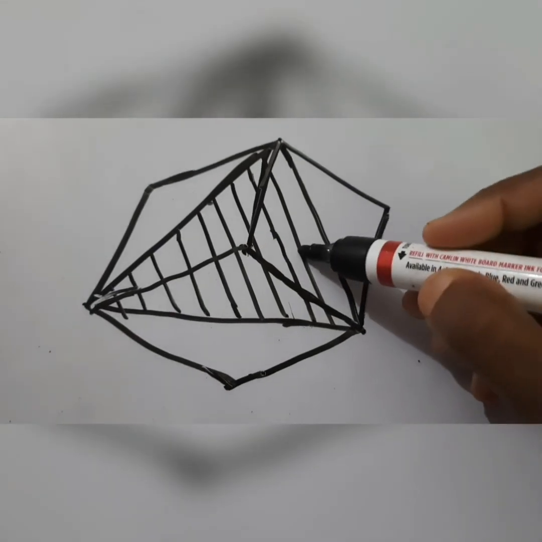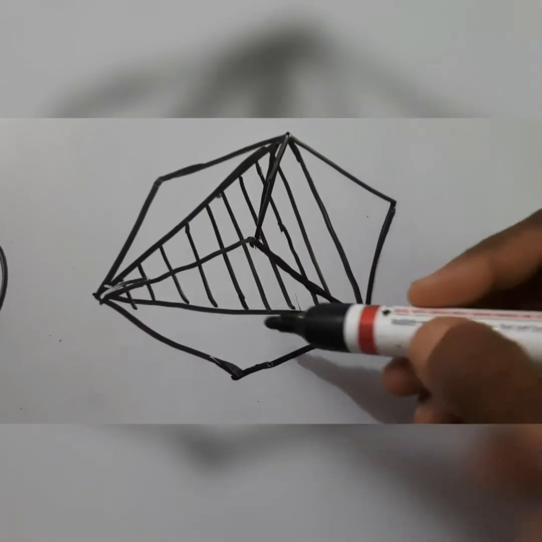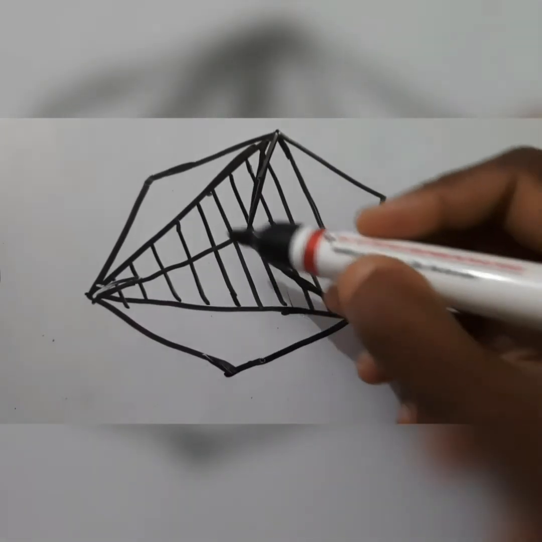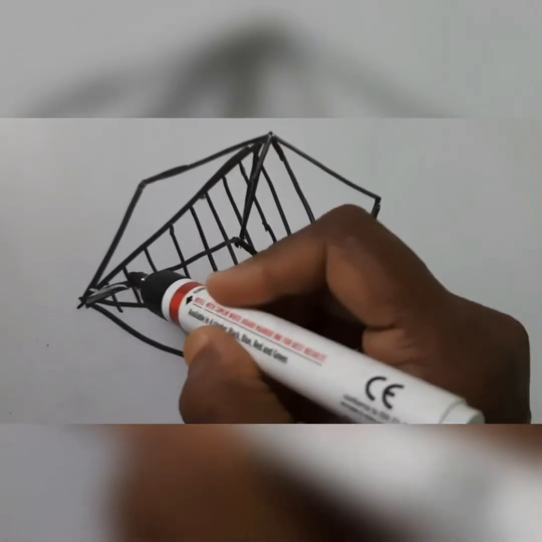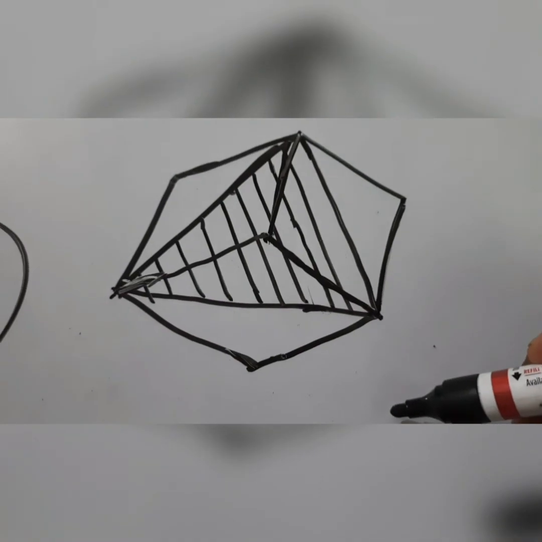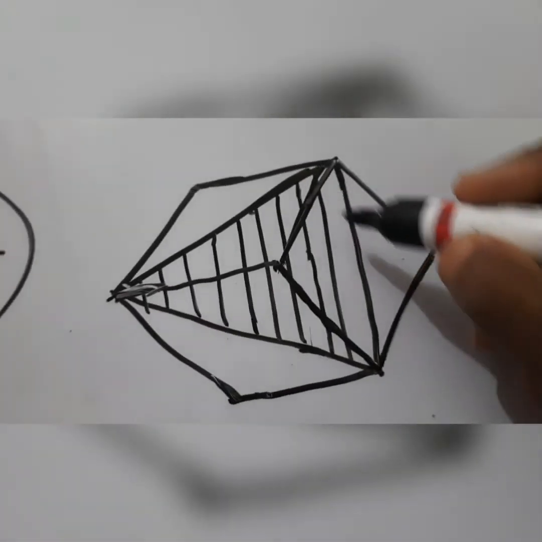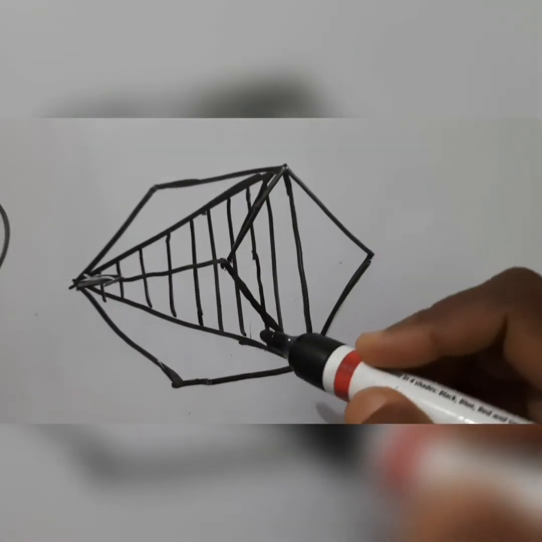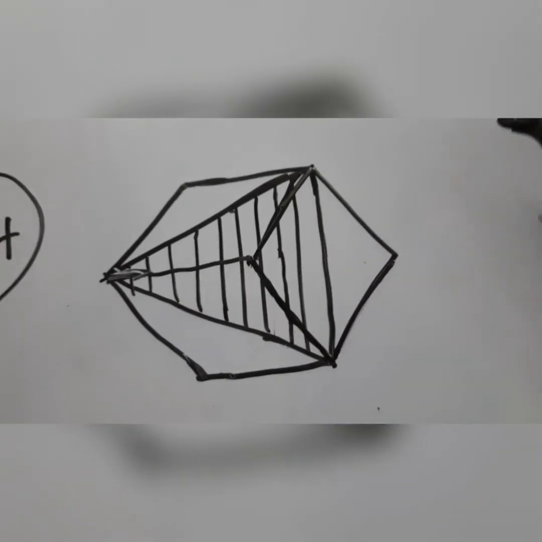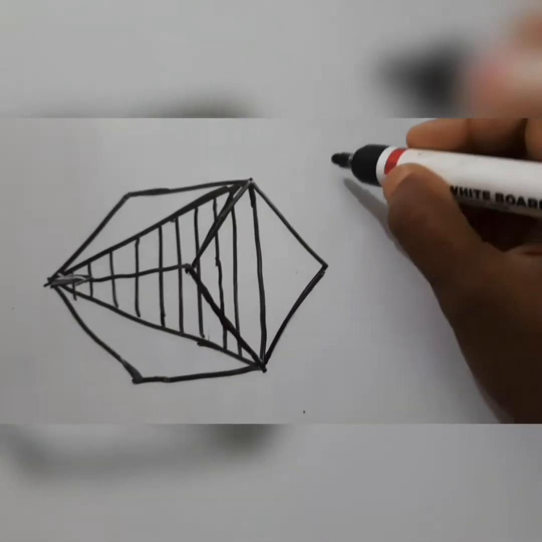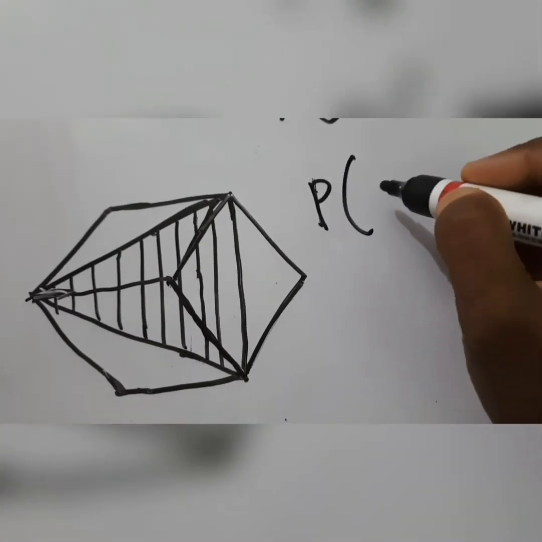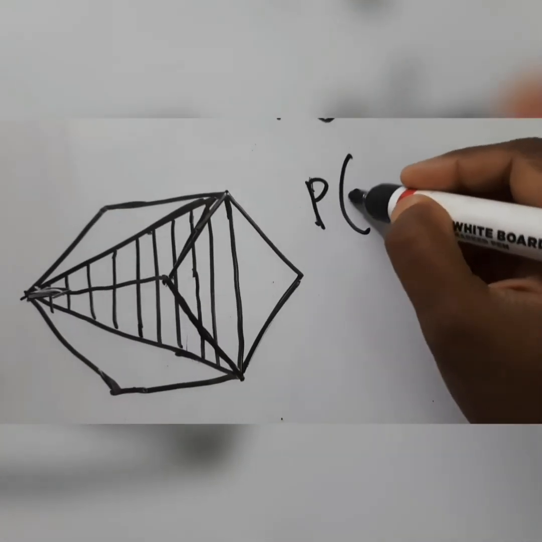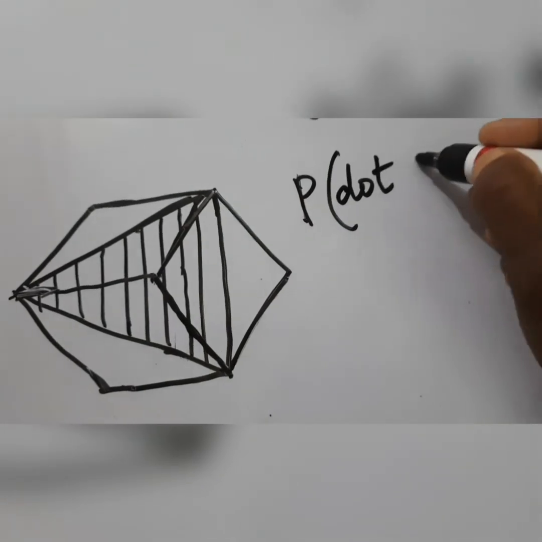So here this triangle is equal to this triangle, equal to this, also equal to this. All these triangles are equal. The reason is this is a regular hexagon. Regular means equal sides. So what is the probability of the dot lying in the shaded part?